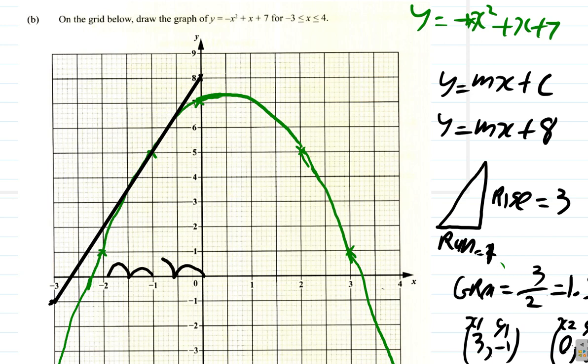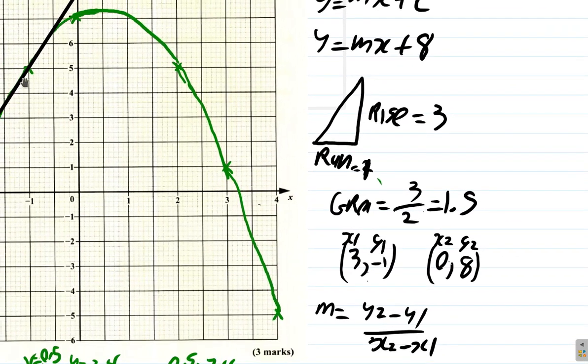This is 0, and then you jump 2 squares to reach 1. So I was counting the 2 squares as 2 units. This 2 here should have been 1. So the actual gradient is 3, not 1.5.